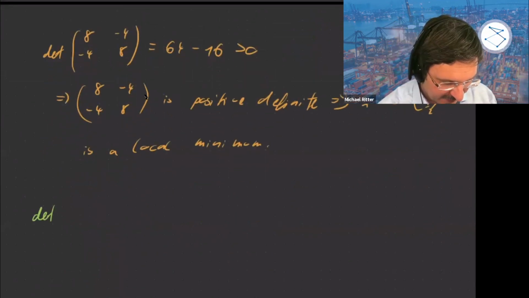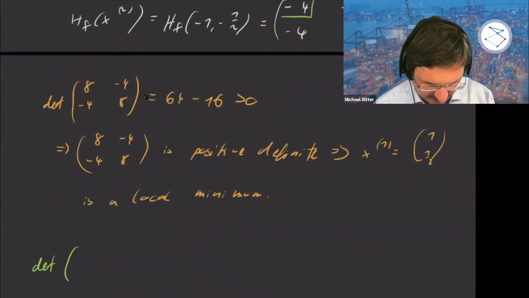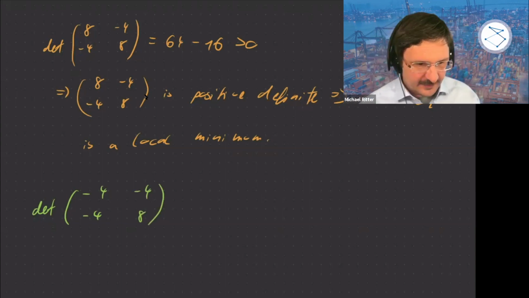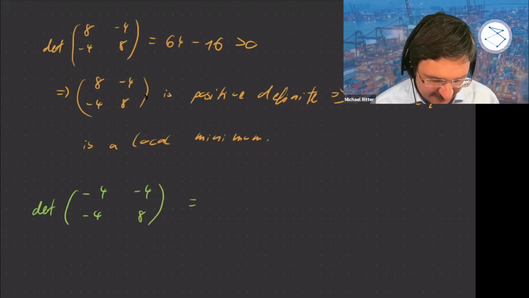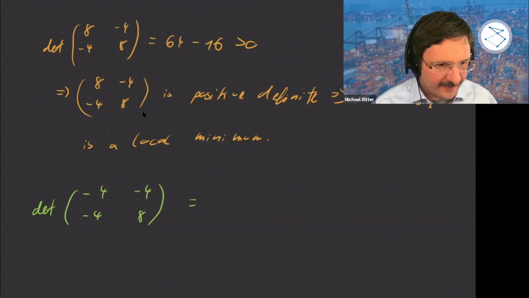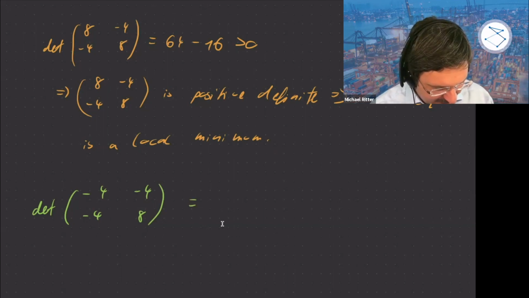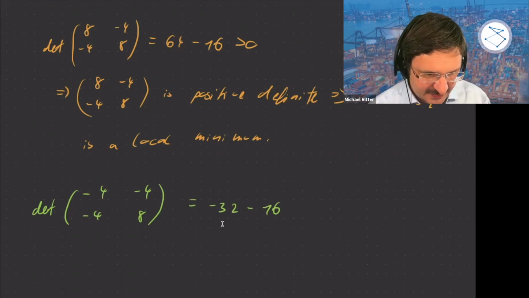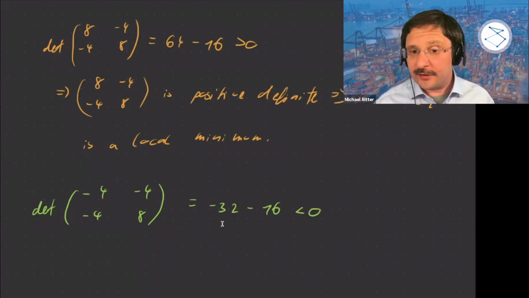So if we compute that, that was the matrix minus 4, minus 4, minus 4, and 8. Now, minus 4 times 8 is minus 32. Minus 4 times 4, that's minus 16. So that's negative, not positive.